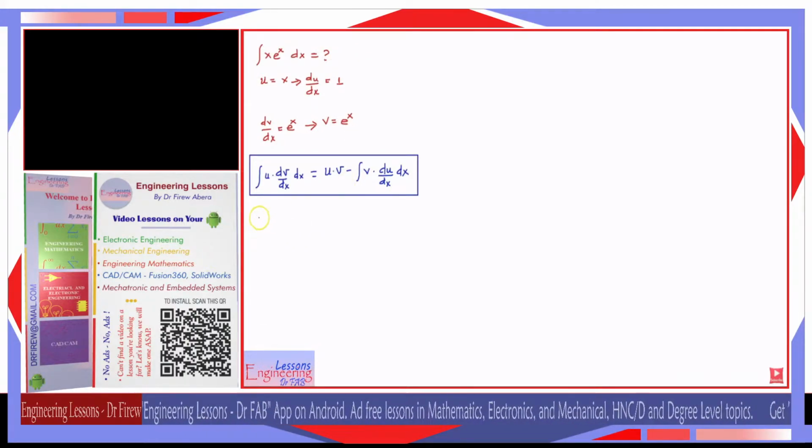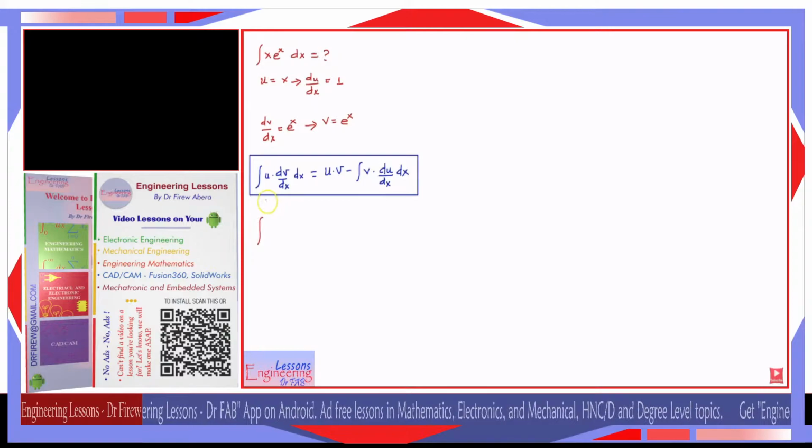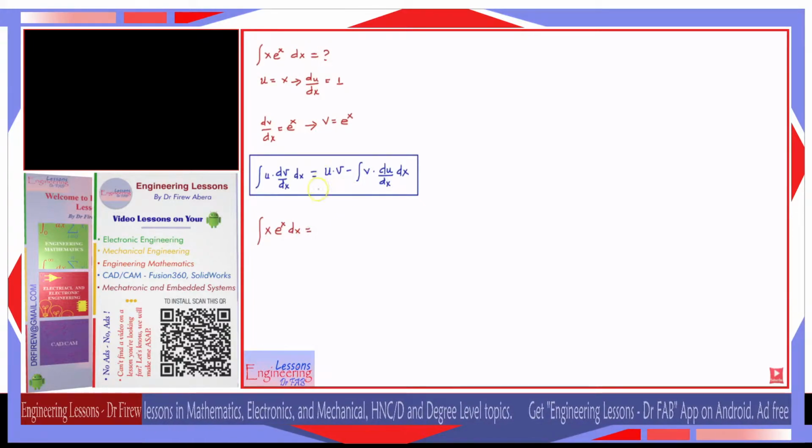So we can now write the integral where u is x and dv by dx is e raised to x dx. This is the problem we're aiming to solve.